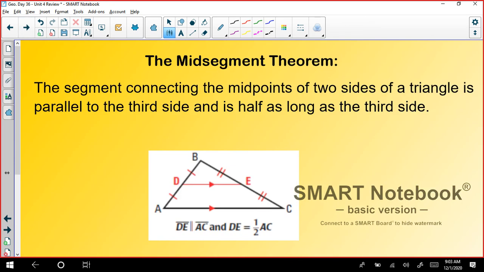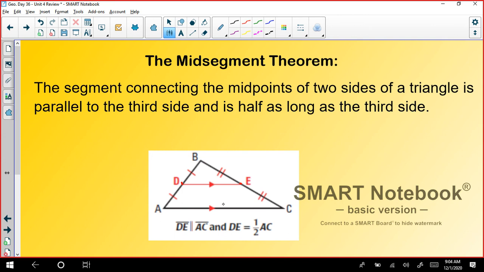The mid segment theorem. This is very important. Okay, all of you pay attention. The segment connecting the midpoints of 2 sides of a triangle is parallel to the third side and is half as long as the third side. If we have a triangle and D and E are the midpoints, then DB will be congruent to AD, BE will be congruent to EC.